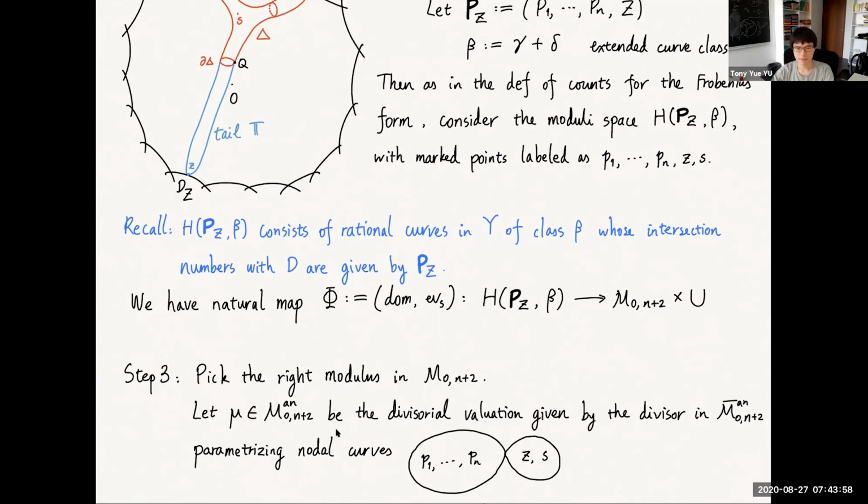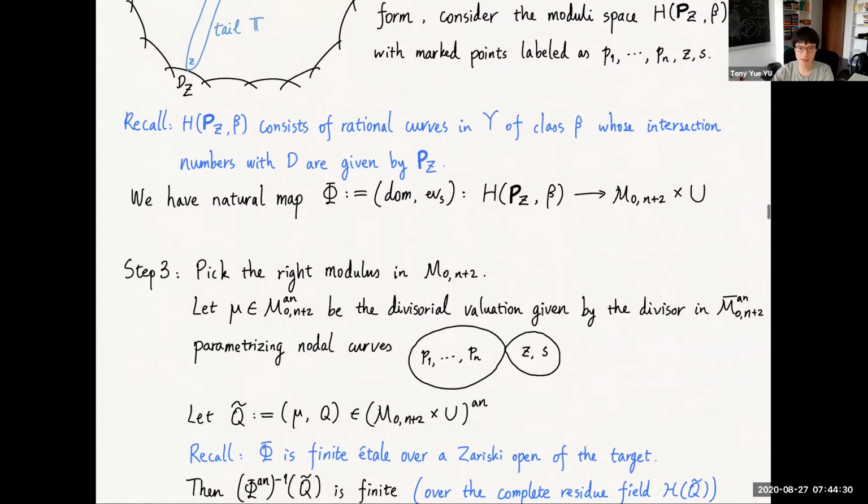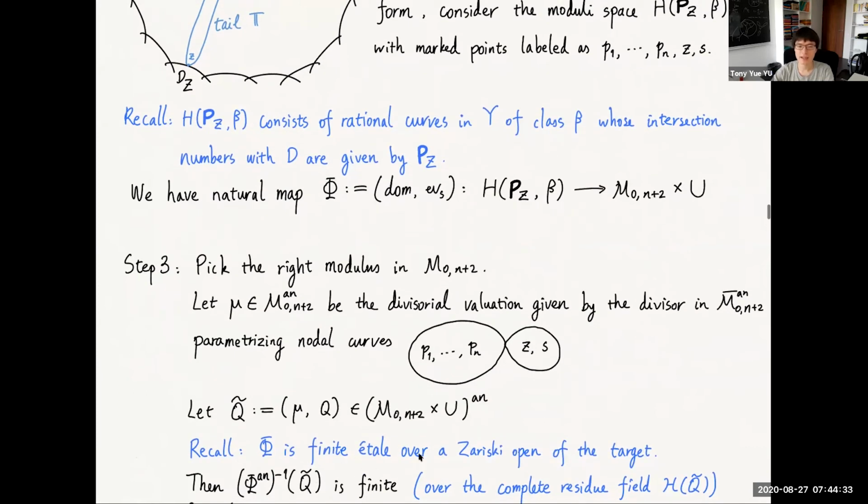We let mu be the divisorial valuation given by the divisor in the Deligne-Mumford compactification, parameterizing nodal curves like this, separating the first n marked points from the last two marked points. And we let Q tilde be the pair mu, Q seen as an element of the analytification of the target. Recall that phi is finite étale over a Zariski open of the target, so the pre-image by phi of this point Q tilde is finite. It's a finite analytic space.